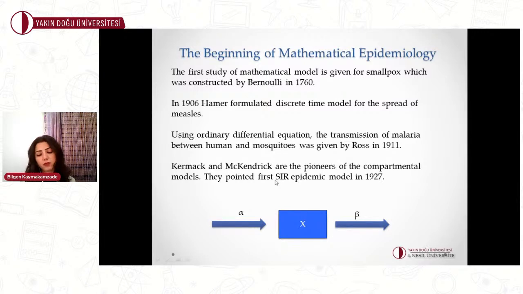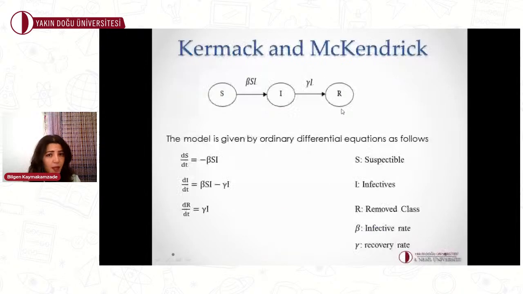And lastly, in 1927, Kermack and McKendrick created a compartmental model, and nowadays we use this kind of compartmental model to describe the disease and explain the dynamics of the disease. This kind of modeling is an input and output type of model.